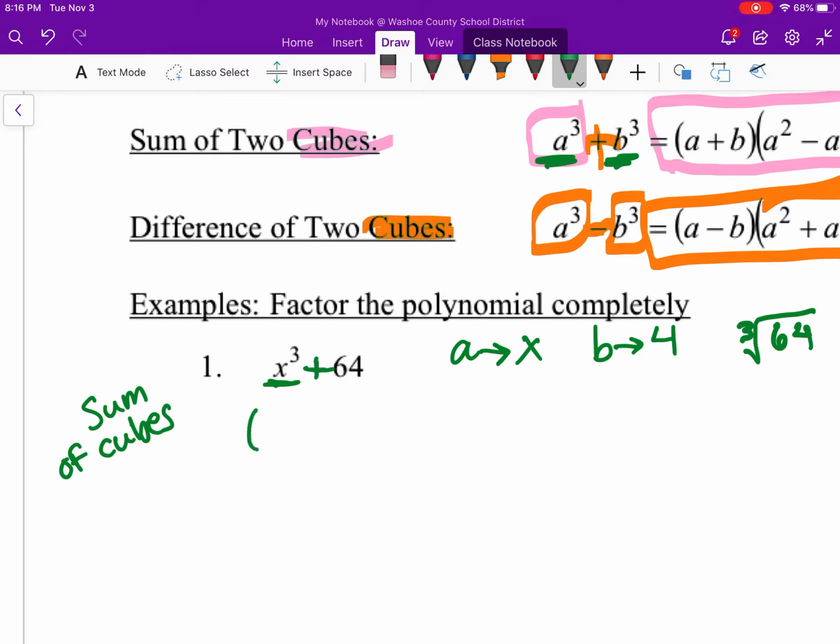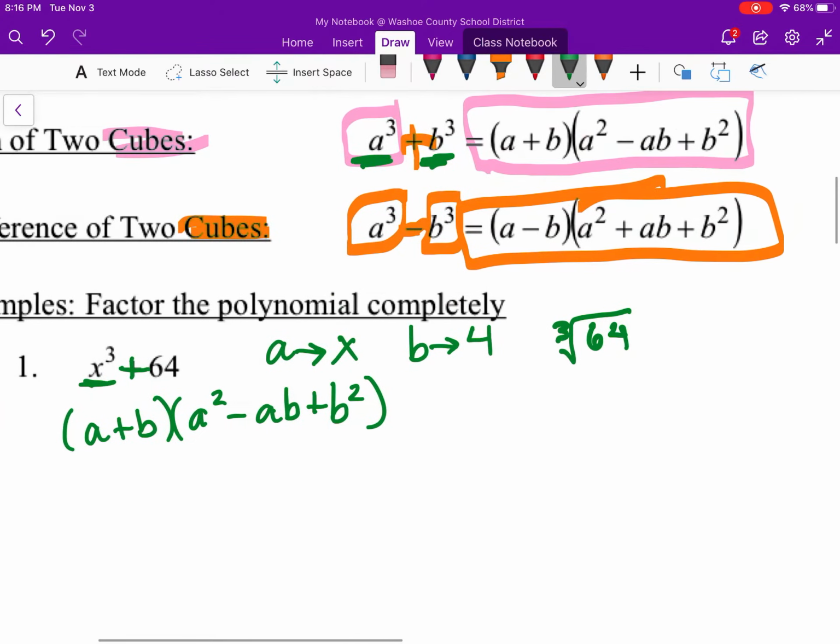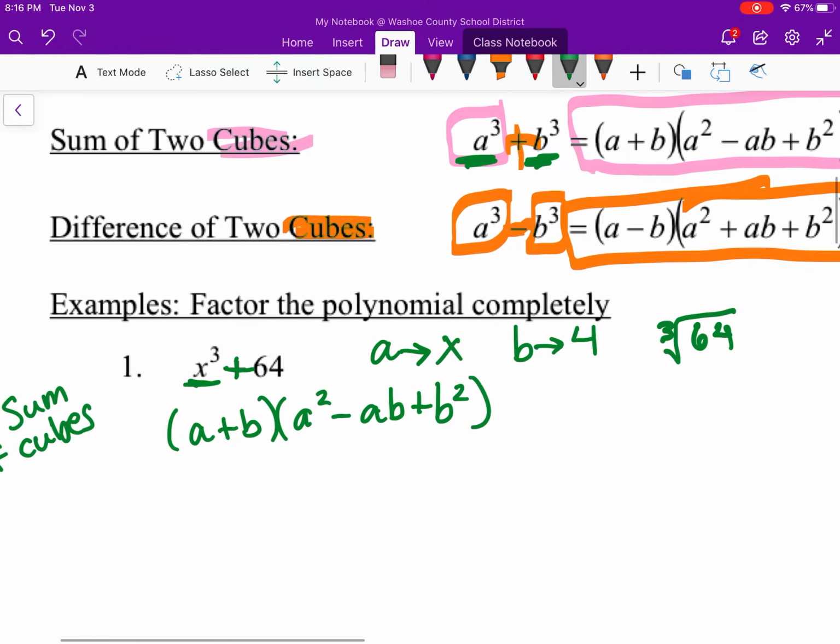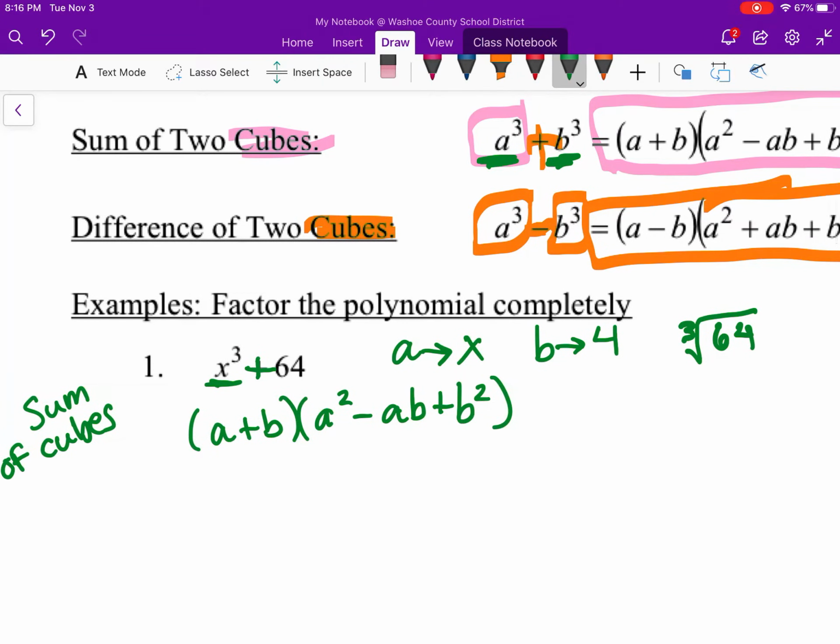I'm going to go ahead and write down my formula, my special factoring. A squared minus AB plus B squared. And I'm just taking this from up here in the pink, okay? And then this is just a substitution, you guys. So that's why it's important to identify your A and B at the beginning, because then you just substitute and simplify.